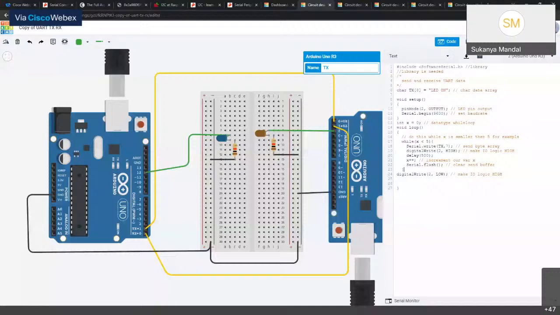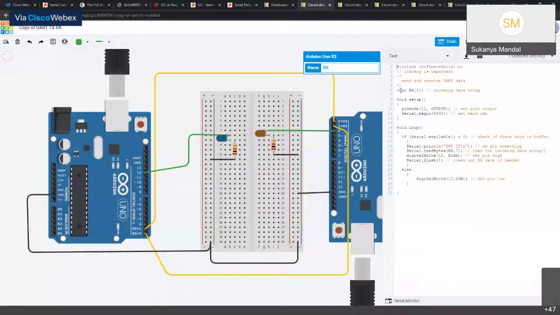Now let's look at the receiver code. The receiving end is the RX8 incoming data array. Then we have pin mode 12, which is connected to the anode of this LED. We also have a serial baud rate of 9600. Then in the loop, we say if Serial.available is greater than 0, that means if we get a signal from the transmitter side, then we do a Serial.println "got it".